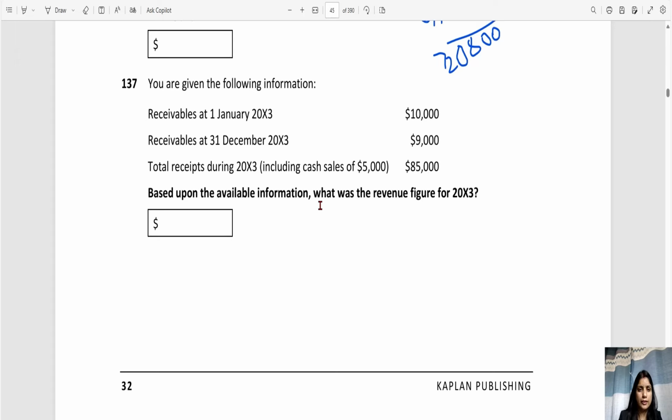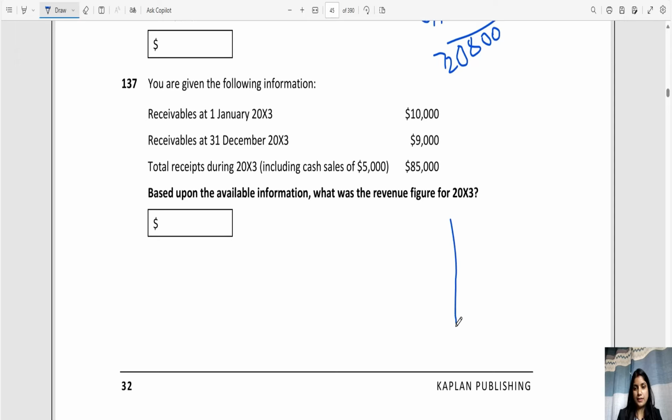You are given the following information. Based upon the available information, what is the revenue figure for 20x3? This is the same case as we did for the payables. Let's do it. Suppose this is a receivable ledger and they have given the opening balance as on 1st January 20x3. So should it be on the debit side or on the credit side?